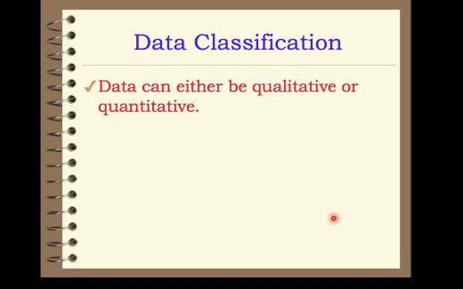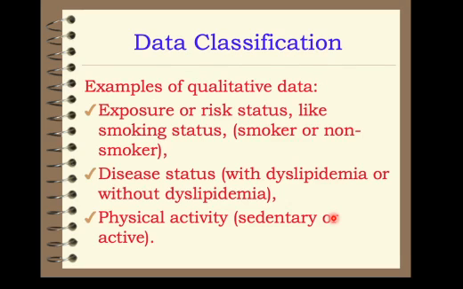We told you last time when we talked about data classification that data can either be qualitative or quantitative. And just to give you some review examples of qualitative data: exposure or risk status like smoking status, so either a participant is a smoker or a non-smoker. Disease status, either a participant has dyslipidemia or is without dyslipidemia.